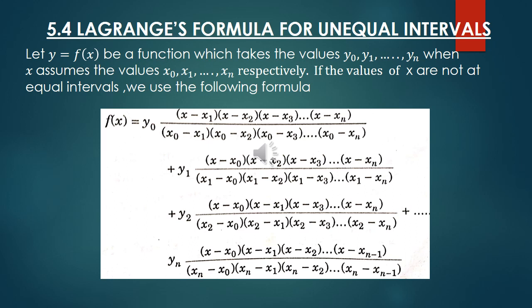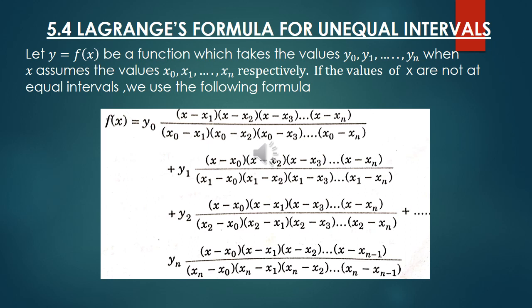Check the first term in the formula. There is y0 into a p by q form. In the numerator, there is no term of x0. That is x minus x1, x minus x2, x minus x3 up to x minus xn. In the denominator, we replace x by x0. That is x0 minus x1, x0 minus x2, x0 minus x3 up to x0 minus xn.